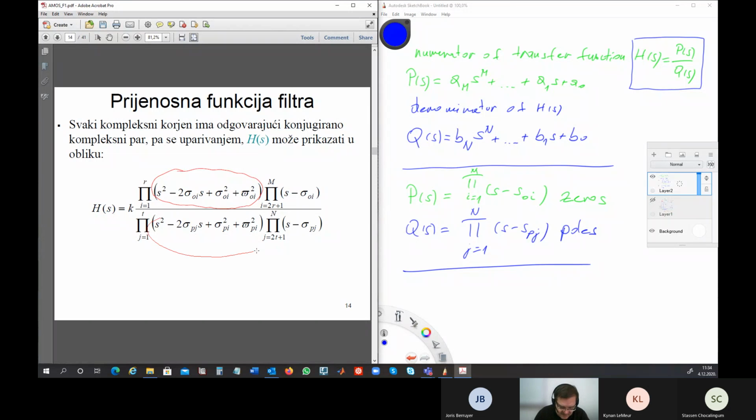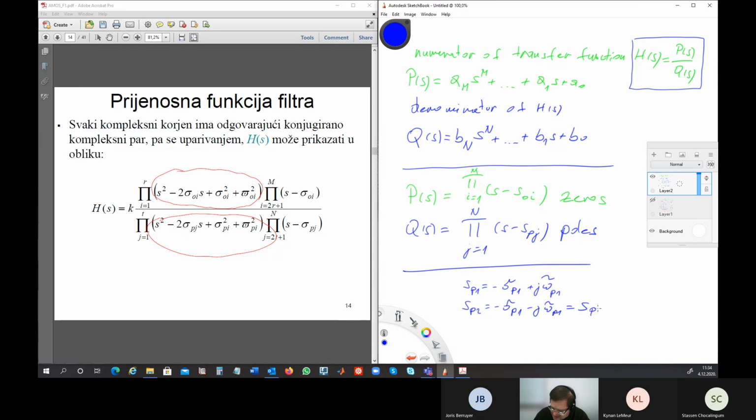Here are the poles. One pair of poles looks like this. Here we can write pole 1 is minus sigma p1 plus j omega p1 tilde. The second pole has the same real part, but with minus omega p1 tilde.